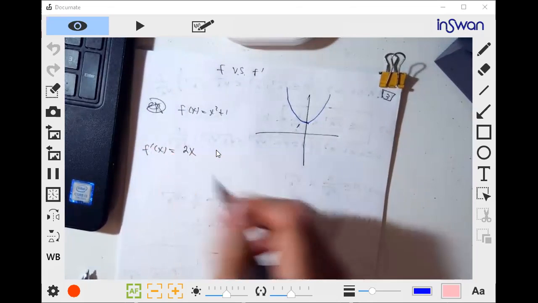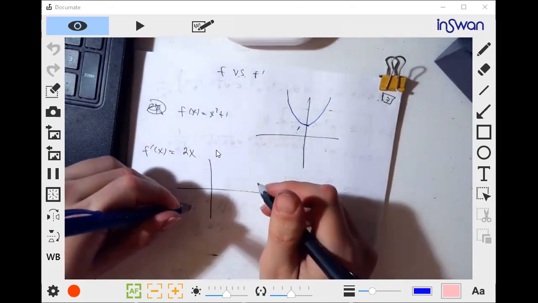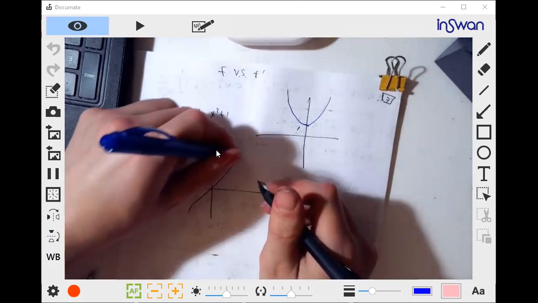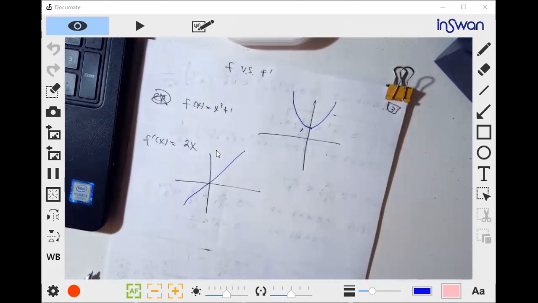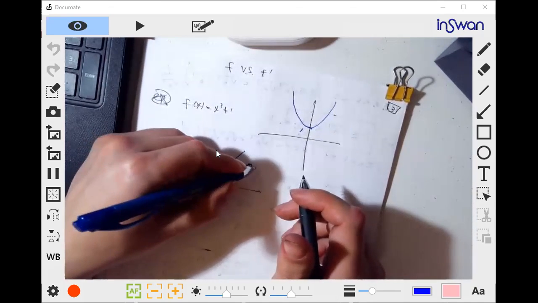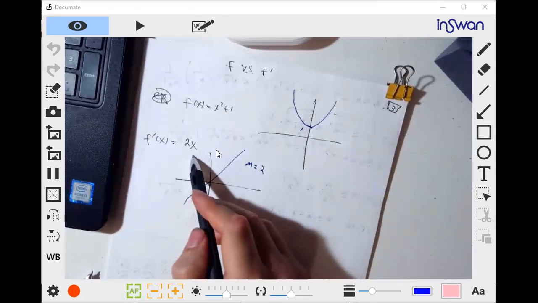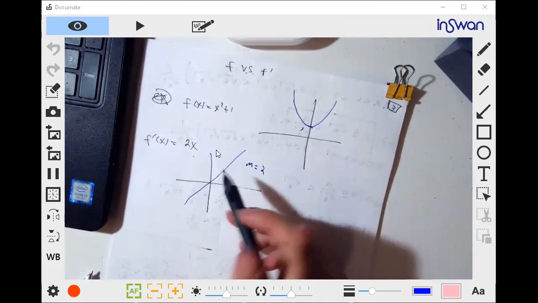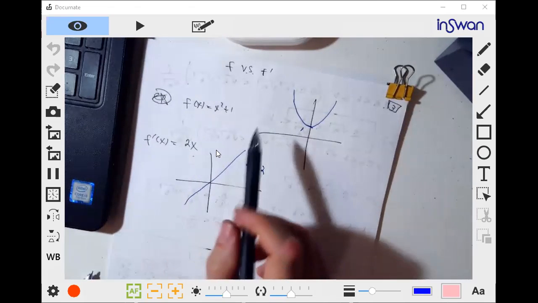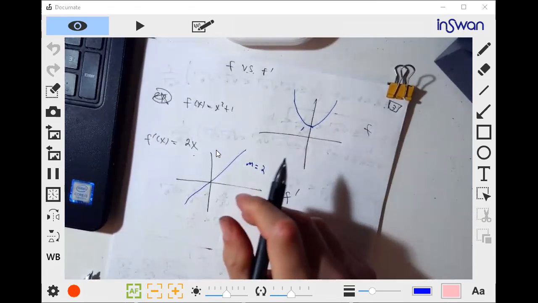Well, that's just 2x. What does that look like? Oh, that's a line of positive slope where the slope is equal to, you guessed it, 2. And it has a y-intercept of 0. And that's why it's going through the origin. So this is f, and this is f prime.